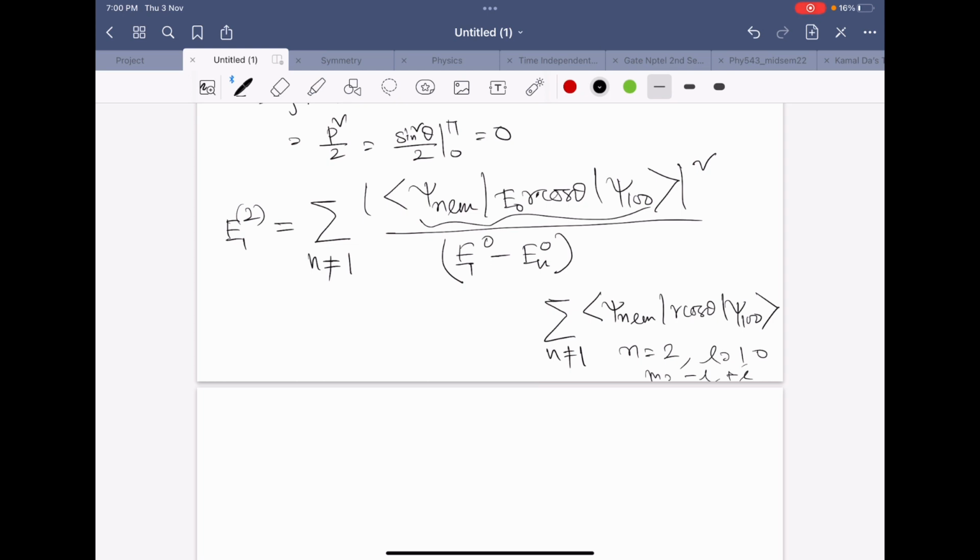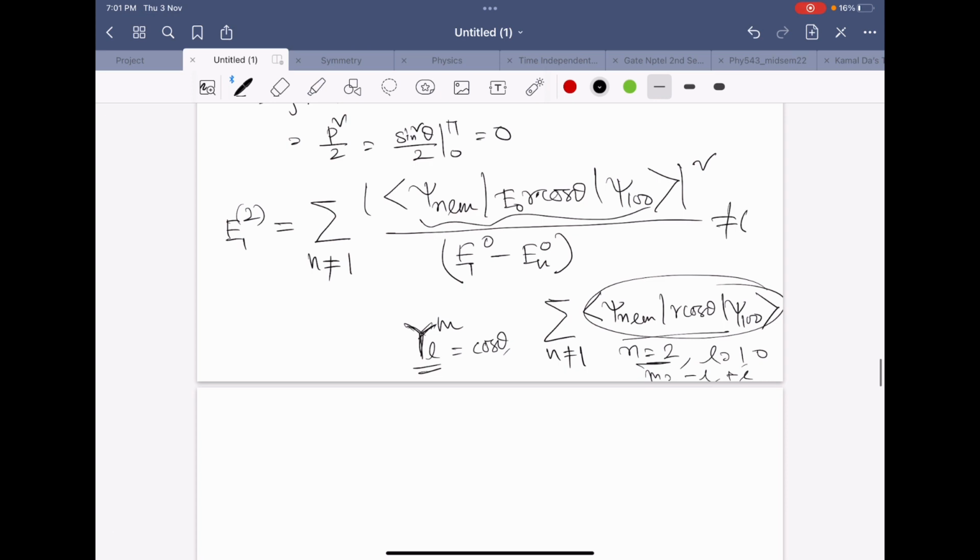So for some values, this integration will not go to 0, because we have the spherical harmonics, and this will depend on cos theta, sin theta like this.